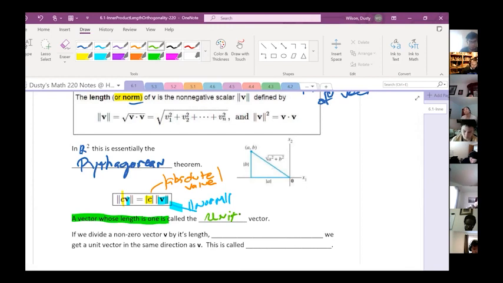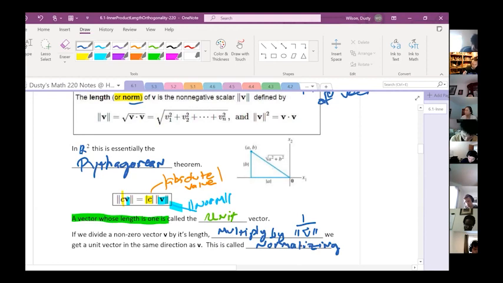If we divide a non-zero vector v by its length, that is, we multiply by 1 over the magnitude of v, we get a unit vector in the same direction as v, and this is called normalizing a vector.